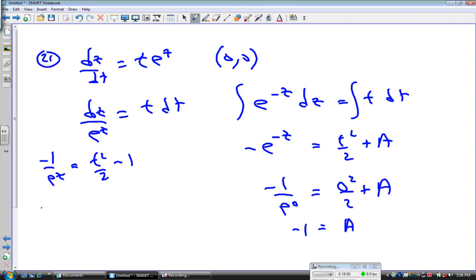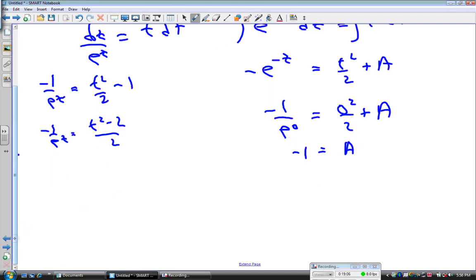And we'll play the game that we did a minute ago. We're going to say this equals this, then reciprocate, and you get this equals this, and then change the signs, and you get this equals this.